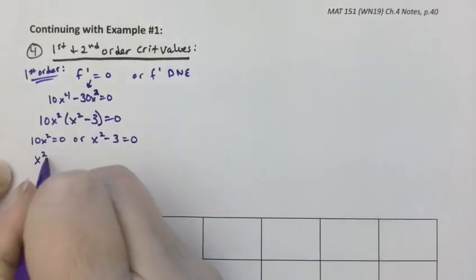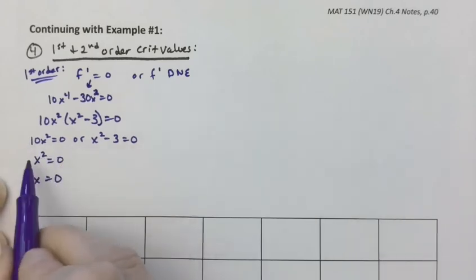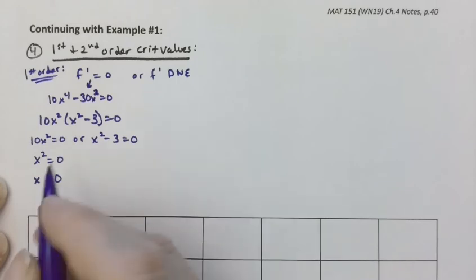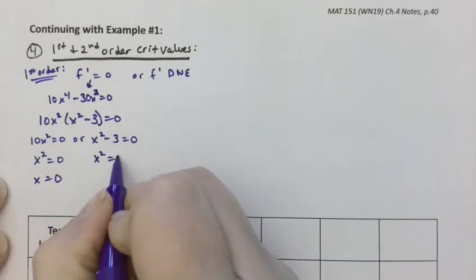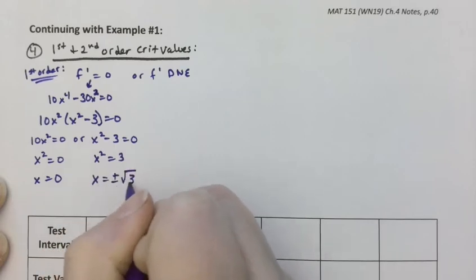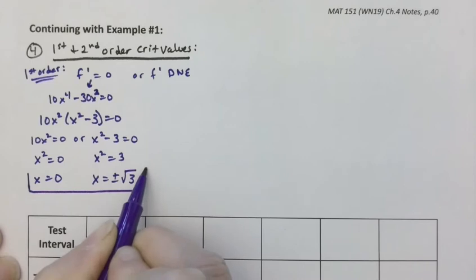This would mean x squared equals 0, which means x equals 0. You divide by 10, then you take the square root of both sides, but you don't need to worry about plus or minus because it's 0. This would be x squared equals 3, and that would mean x equals plus or minus the square root of 3. So there are our first order critical values right here.